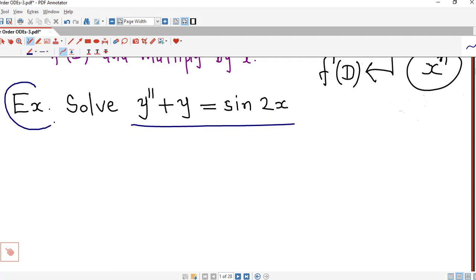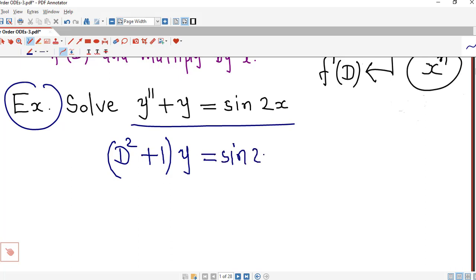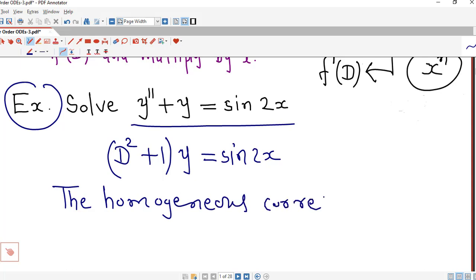Here we start with this example. Solve the differential equation y double dash plus y equal to sine 2x. This differential equation we can rewrite as D square plus 1 y equal to sine 2x. First we find the solution of the homogeneous differential equation corresponding to the given differential equation.